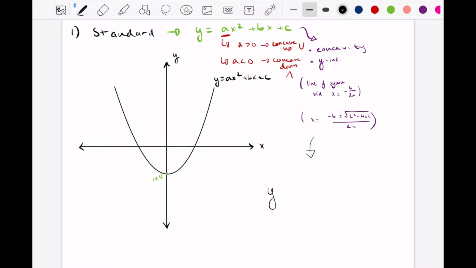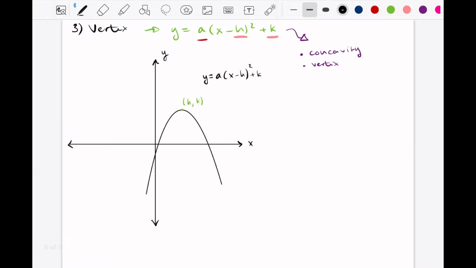So we can just write that our equation is equal to a times (x minus negative b over 2a) squared plus, and then you take the y value using y of negative b over 2a, and that's going to be your coordinate. Again, all we're doing is finding the vertex using this formula right here, and then implementing it by writing it in the form we have seen over here.